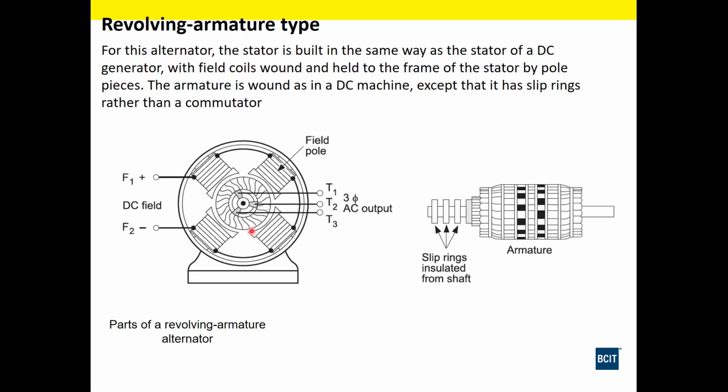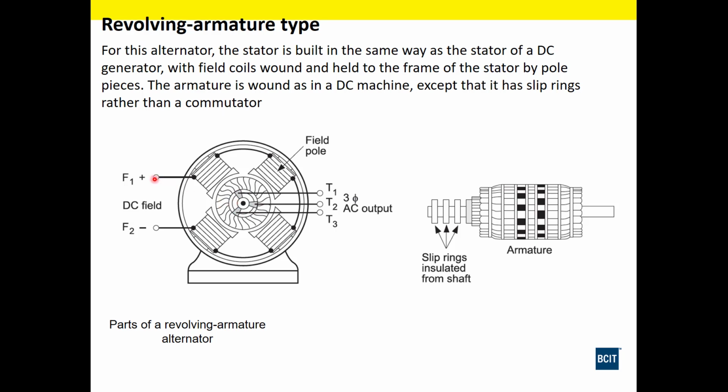So here we have a revolving armature type. By revolving armature we mean that the armature is getting the current and potential induced into it. What we have here is our three-phase lines connected to the rotating part of our alternator.